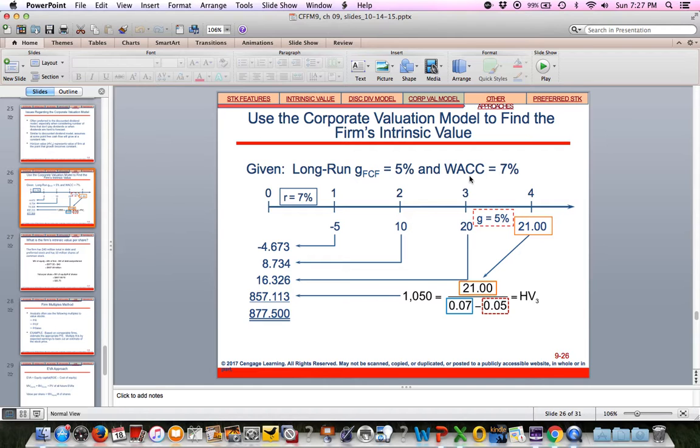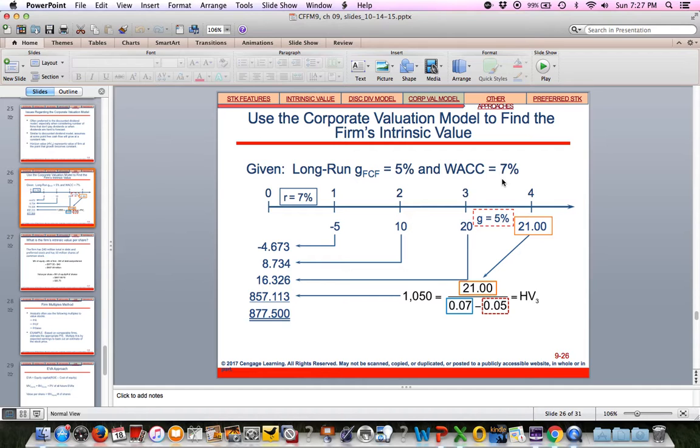And we're going to have what they call the WACC, weighted average cost of capital, which is 7%. Okay, so 7% is my required rate of return. And we haven't talked about the WACC in detail yet. We will. Weighted average cost of capital is the WACC. Basically, the cost of having debt and equity on the books.